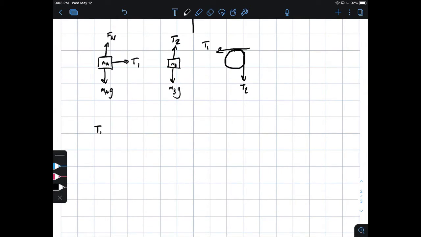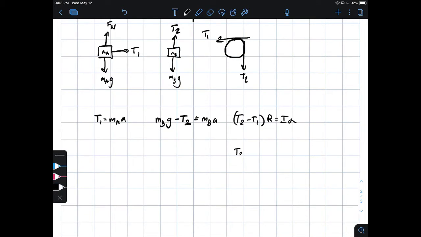For this one, it's just T1 is equal to M_A a. For this one, it's T2. That's not right. We're going to pretend that block B is of greater mass, just for this case. M_B g minus T2 is equal to M_B a. And finally, (T2 minus T1) times R is equal to I alpha.